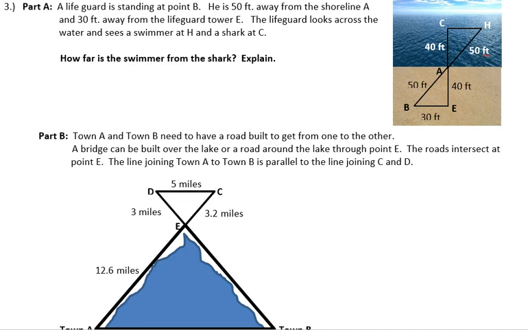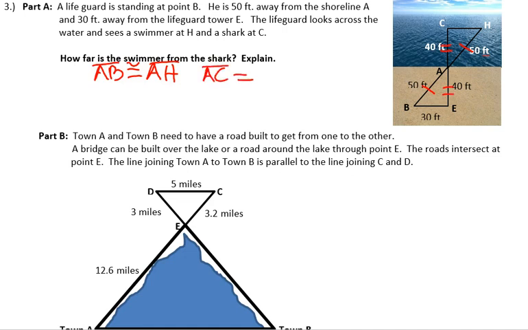Okay, so the first thing that I notice when I look at this drawing is that AB is congruent with AH. So I'm going to say AB is congruent with AH. I also notice that AC is congruent with AE.